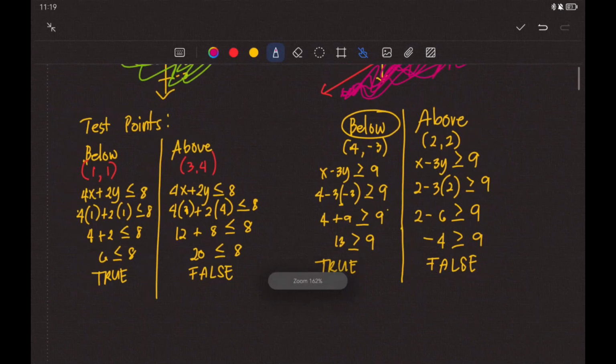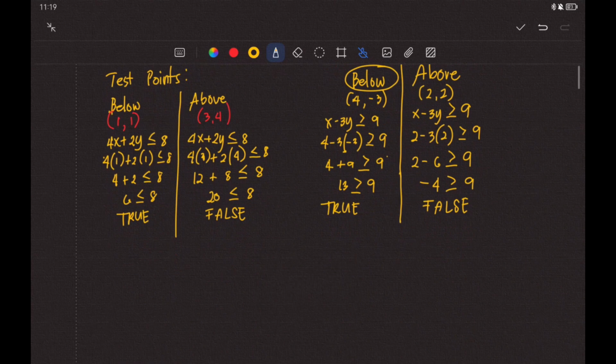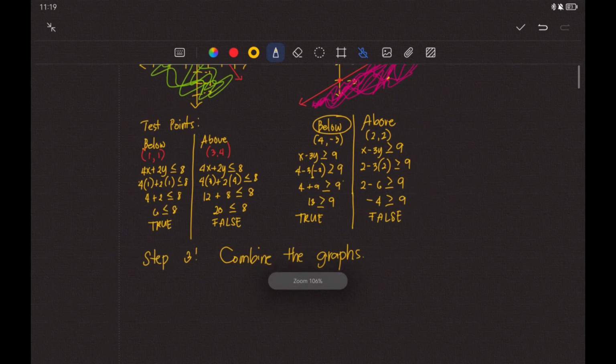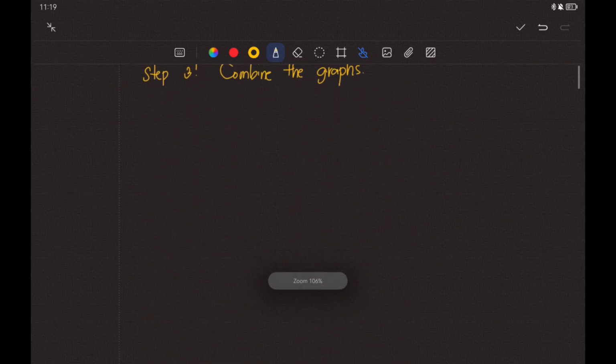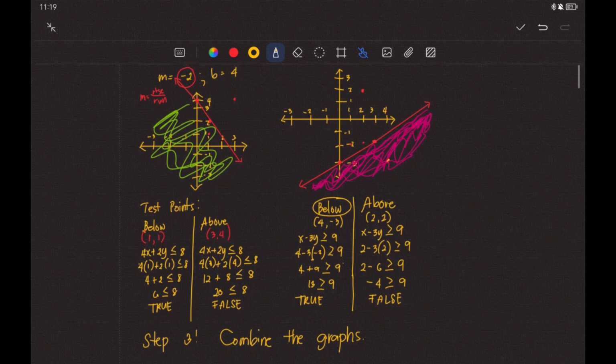Okay. Now, step number 3. Combine the graphs. So we have here, let me draw a big 4 and 3.